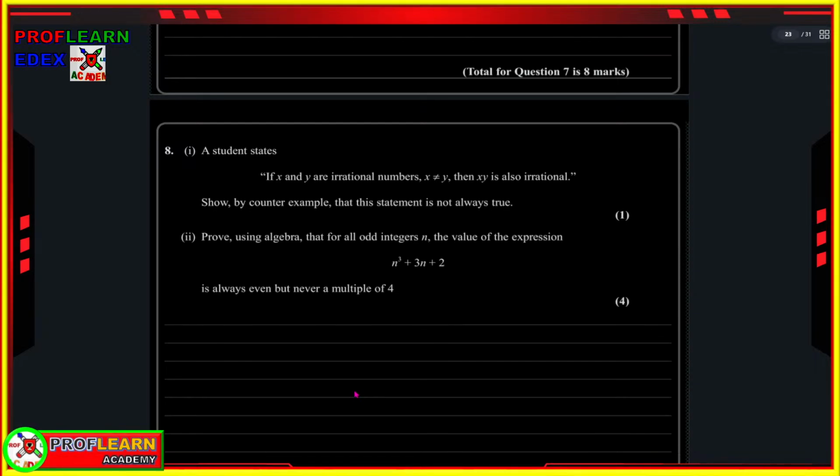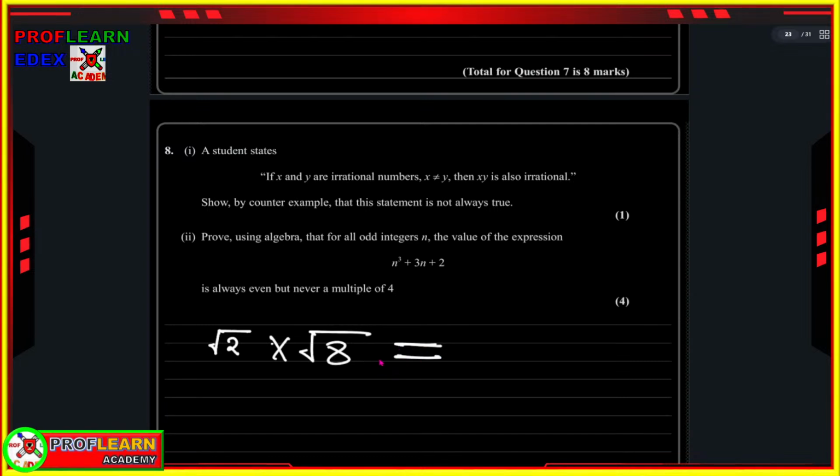So if we are talking of irrational numbers, we want an example that discredits that statement. In this case, if we try, for instance, root 2 times root 8, what answer is it going to give us?